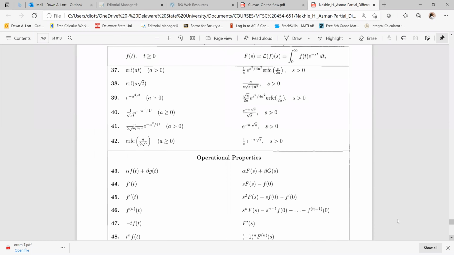We only know the inverse Laplace transform when we have a square root. If we just have e to the minus sx, we don't know it.